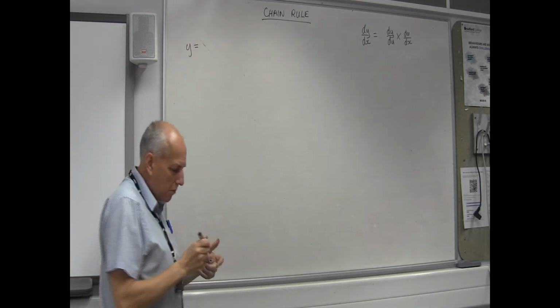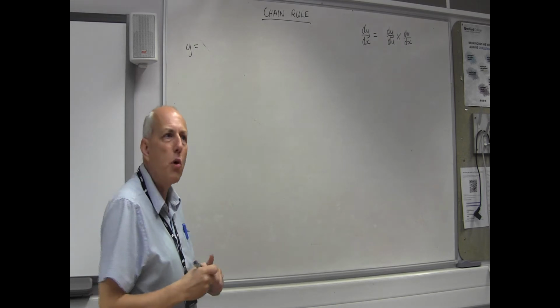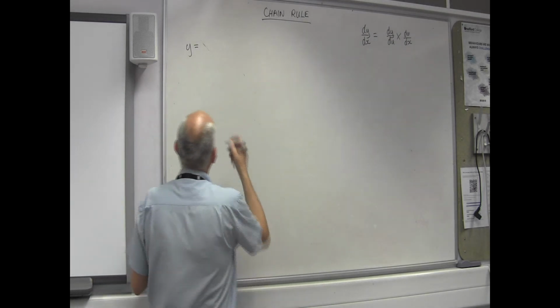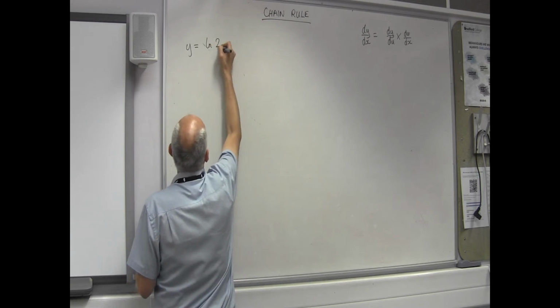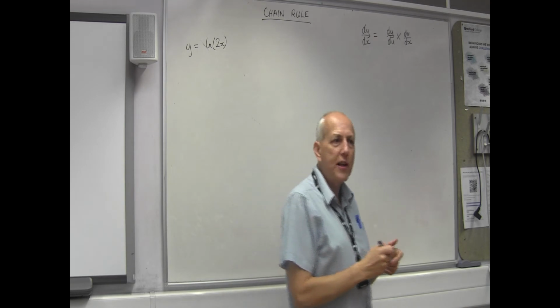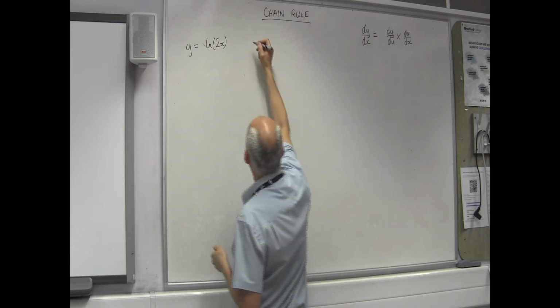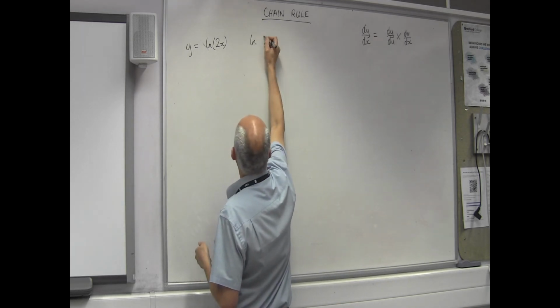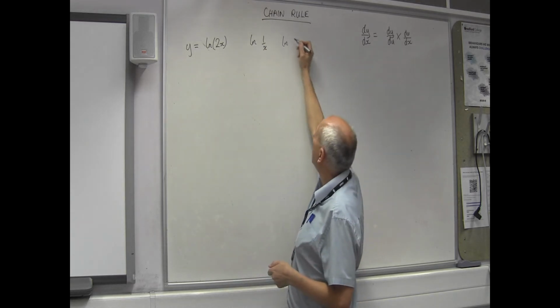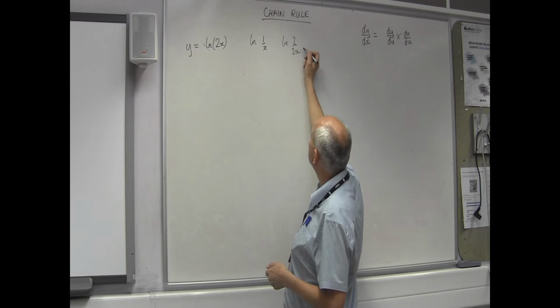So let's have a look at another one. I told you this earlier. I made a statement. I said that if you did the log of 2x, this one wasn't in your table of derivatives, and I told you, if you remember, that the answer would be 1 over x. But I said it was actually 2 over 2x.